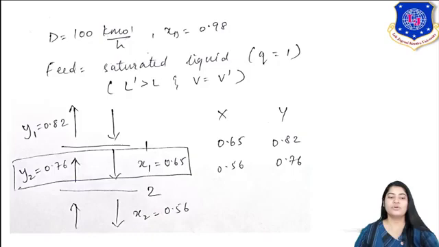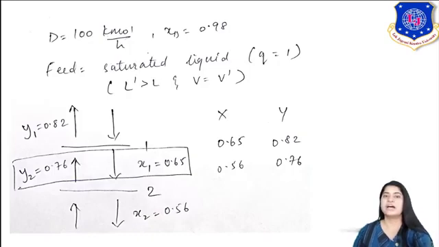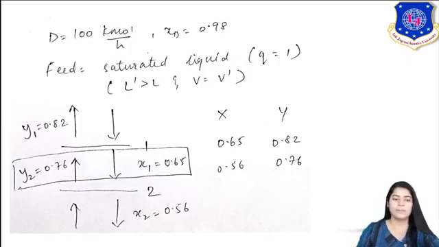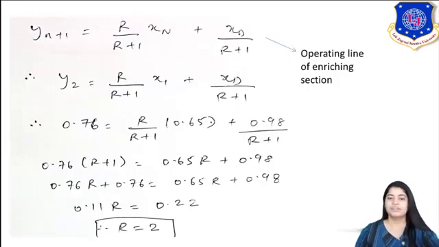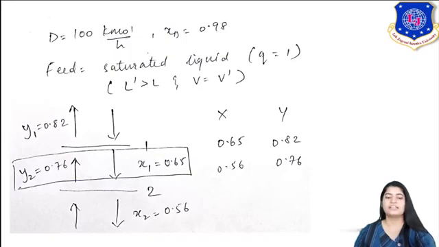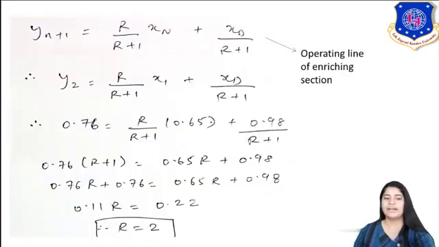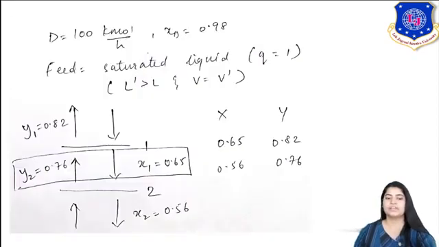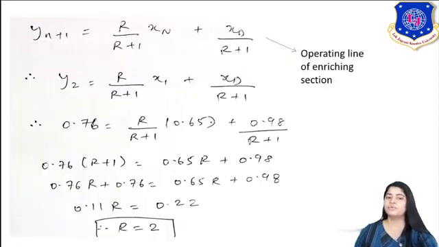So Y2 and X1 are your operating compositions. This is the operating line of your enriching section, right? Yn+1 is equal to R upon R+1 times Xn plus XD upon R+1. Hence what I am doing: Y2 is equal to X1 times R upon R+1 plus XD upon R+1.